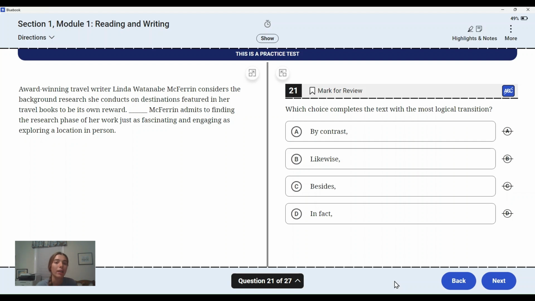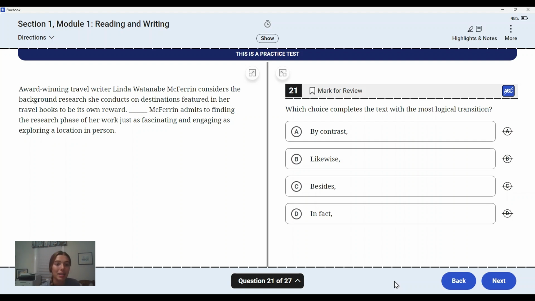Award-winning travel writer Linda Watanabe McFerrin considers the background research she conducts on destinations featured in her travel books to be its own reward. Blank, McFerrin admits to finding the research phase of her work just as fascinating and engaging as exploring a location in person.